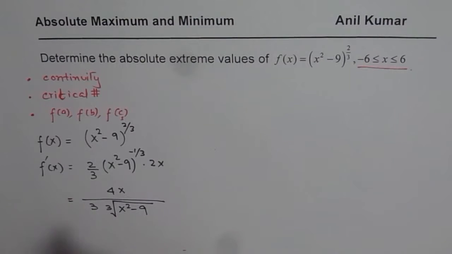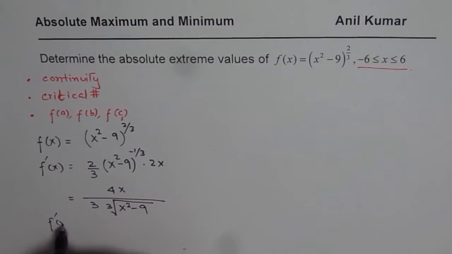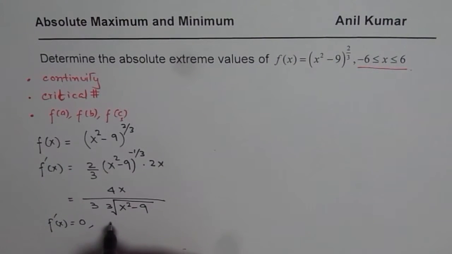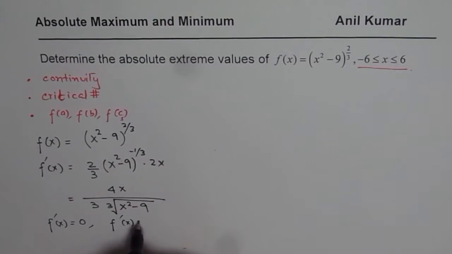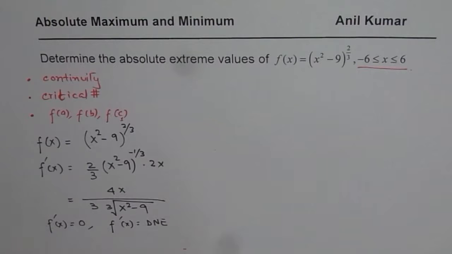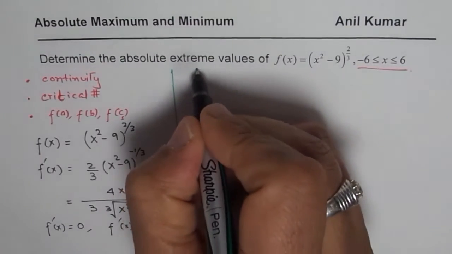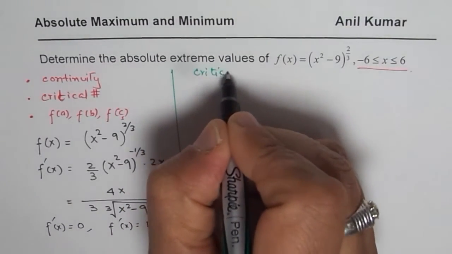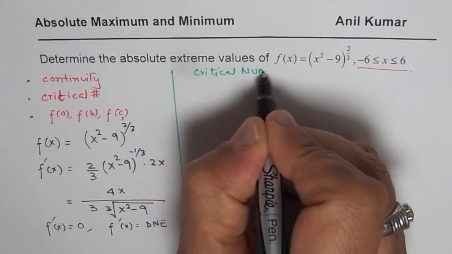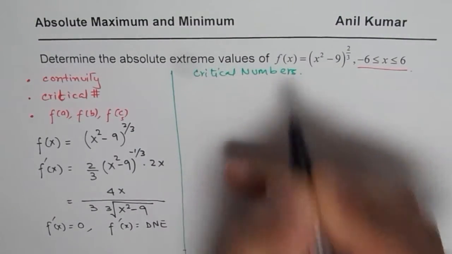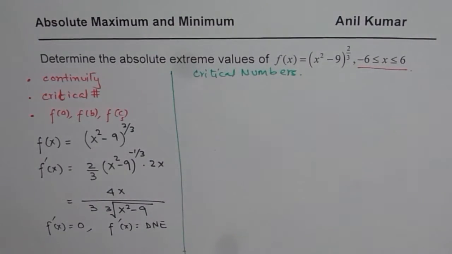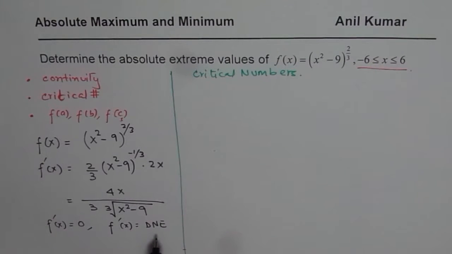To find critical numbers, we need to find f dash x equals 0 or f dash x does not exist. So these two give the critical numbers. In some of the books, they are not considering does not exist, which I think is wrong.